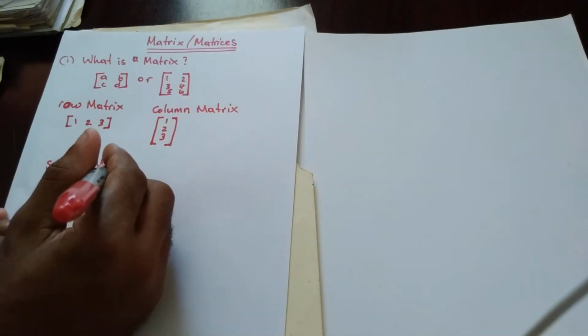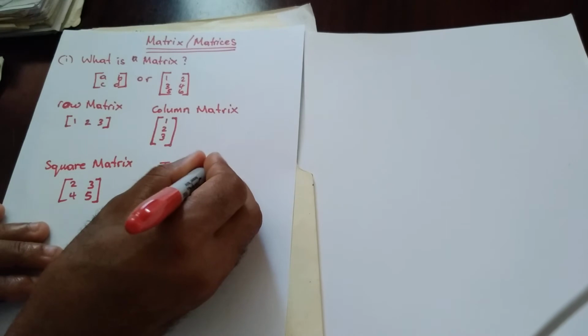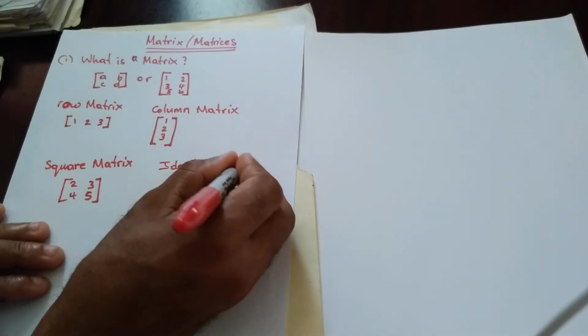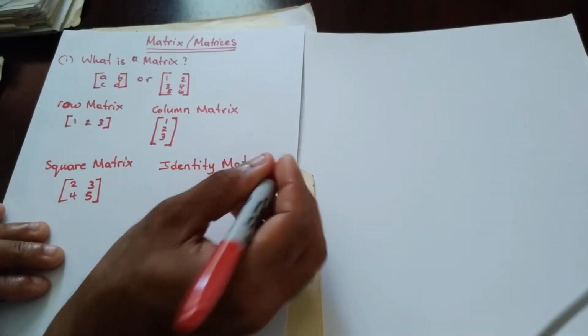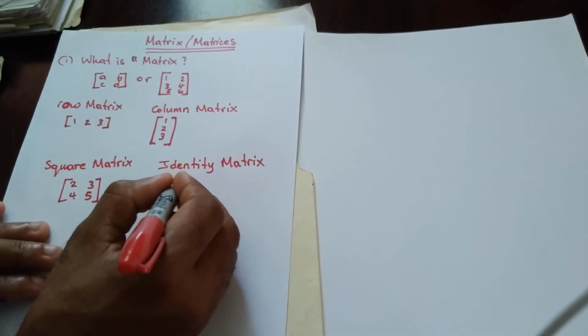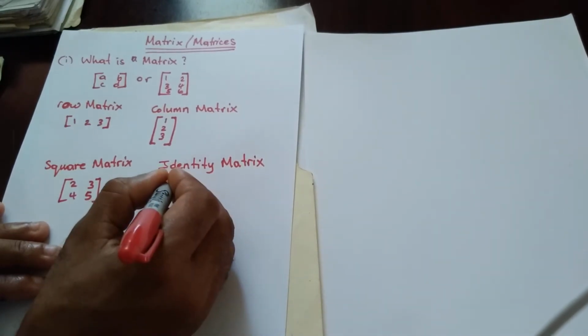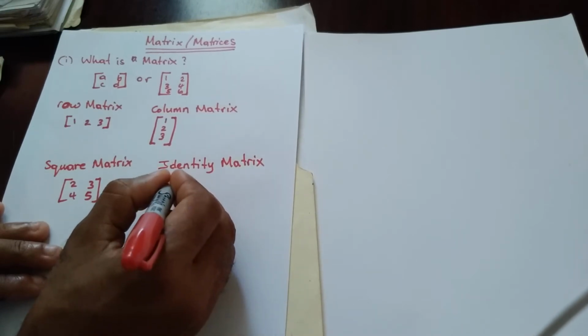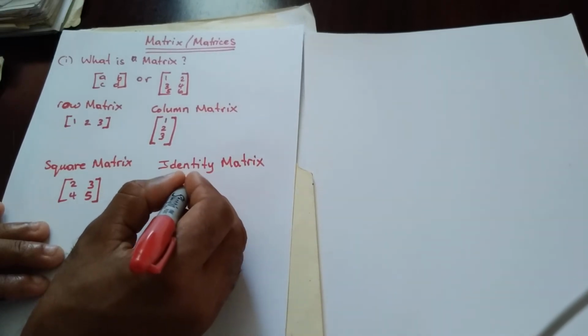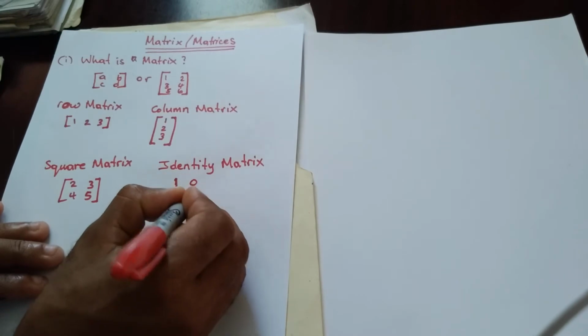What else do they have in the syllabus? They have the identity matrix. So the identity matrix for CXC is a 2 by 2 matrix. So explain what that means: 2 by 2, so 1, 0, 0, 1.